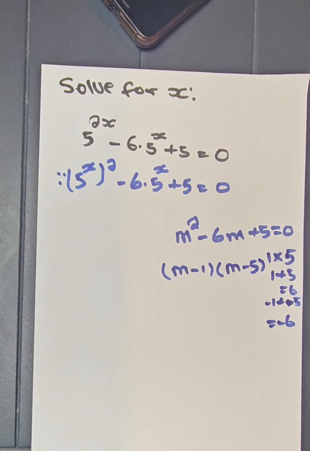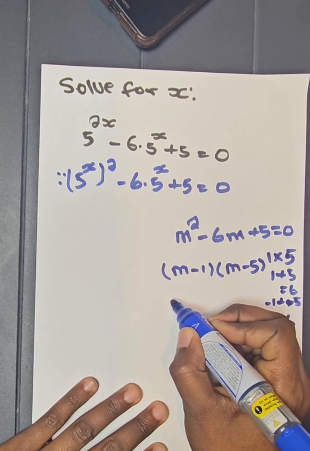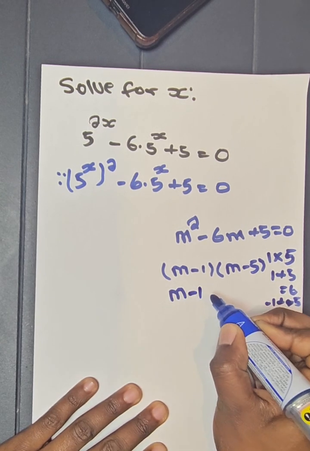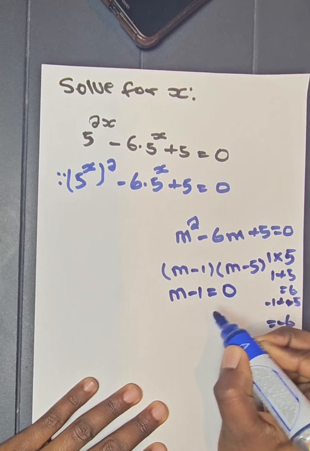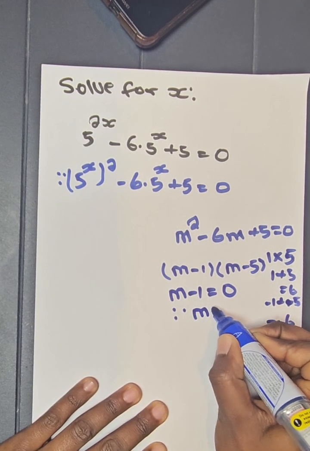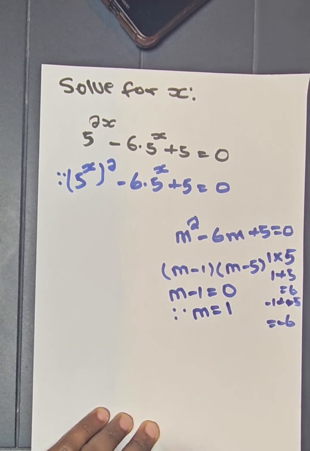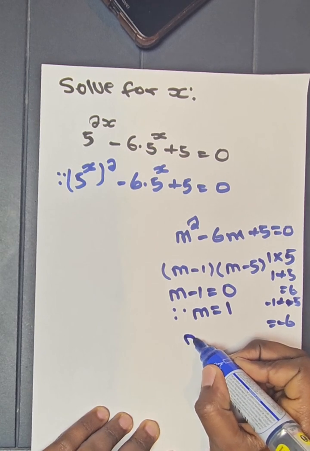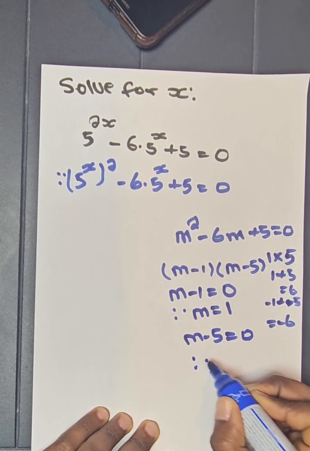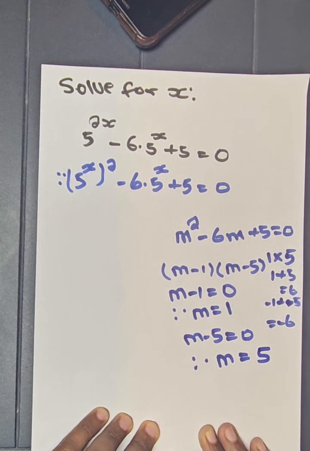Now we can solve it for m, and we will put each factor equal to 0. We're going to start with the factor m minus 1. m minus 1 equals 0. Therefore, our first factor gives us m equals 1. The second factor, m minus 5 equals 0, gives us m equals 5.